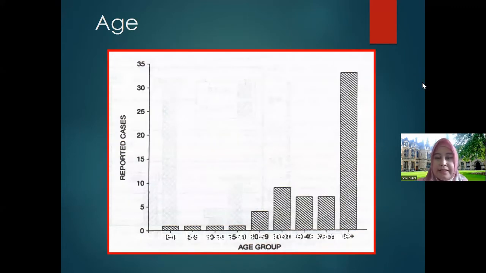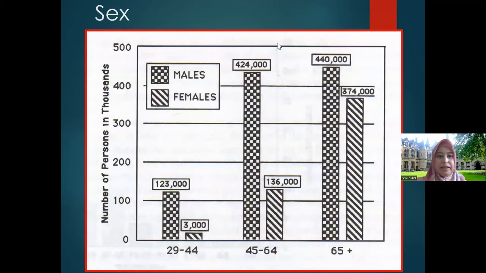This is another example, where older persons, 60 years old plus, have a higher prevalence of this kind of disease or health problem. This is another example comparing females and males.